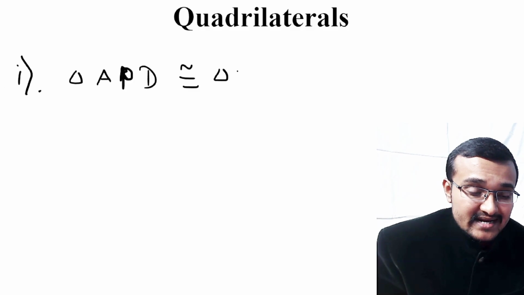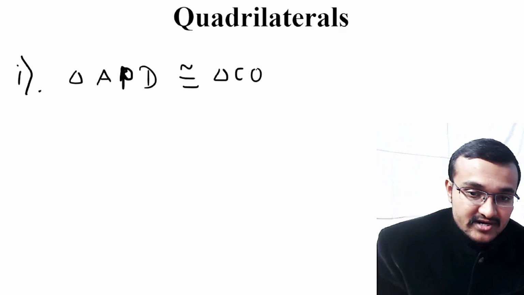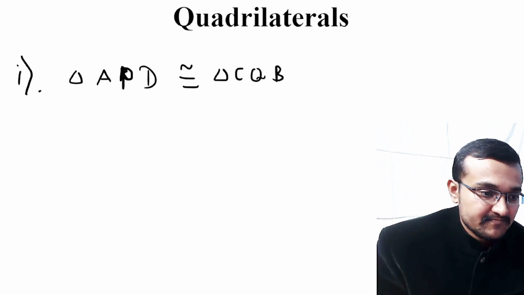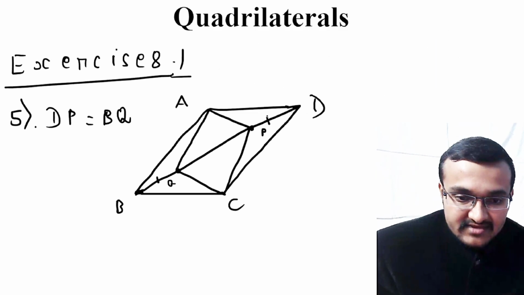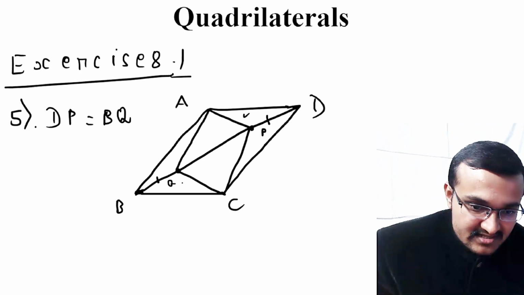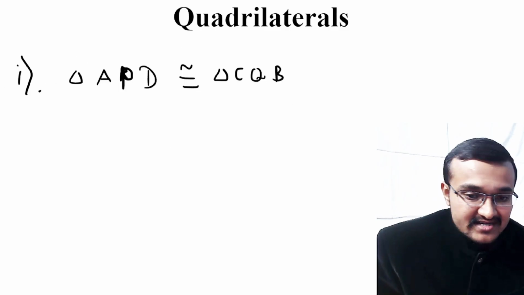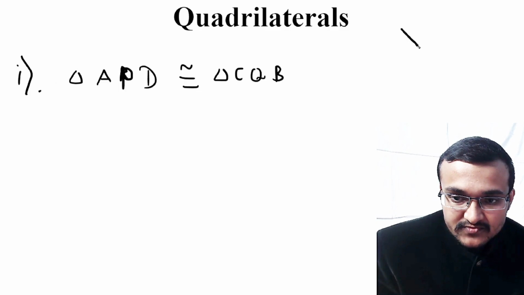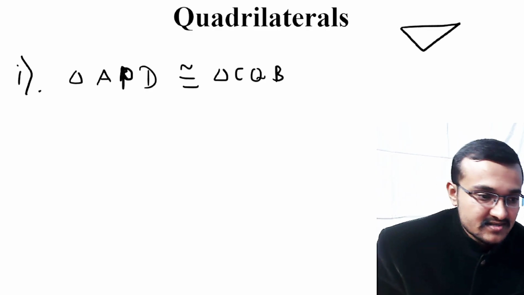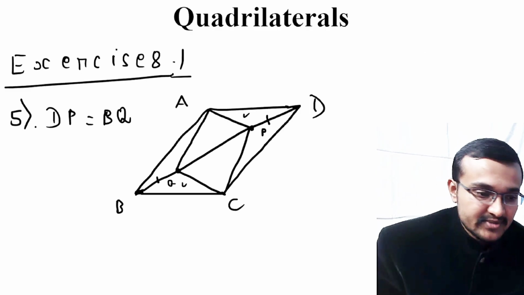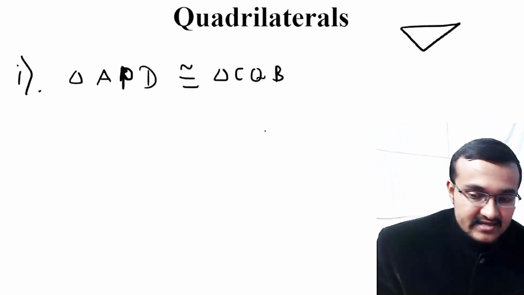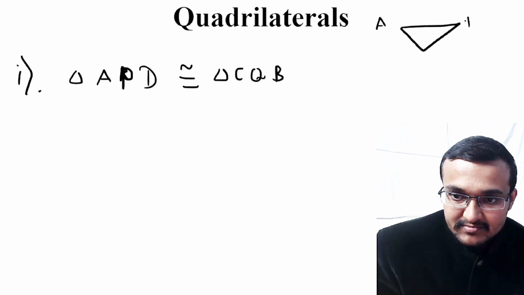Here you need to prove triangle APD is congruent with triangle CQB. That means we are considering this particular triangle, which I'll write separately. This is ADP, or here they have given APD.